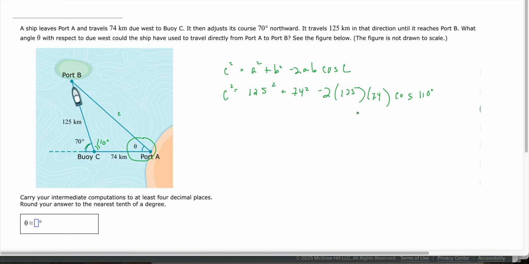Okay, so you'll use the calculator there to help you work this down.